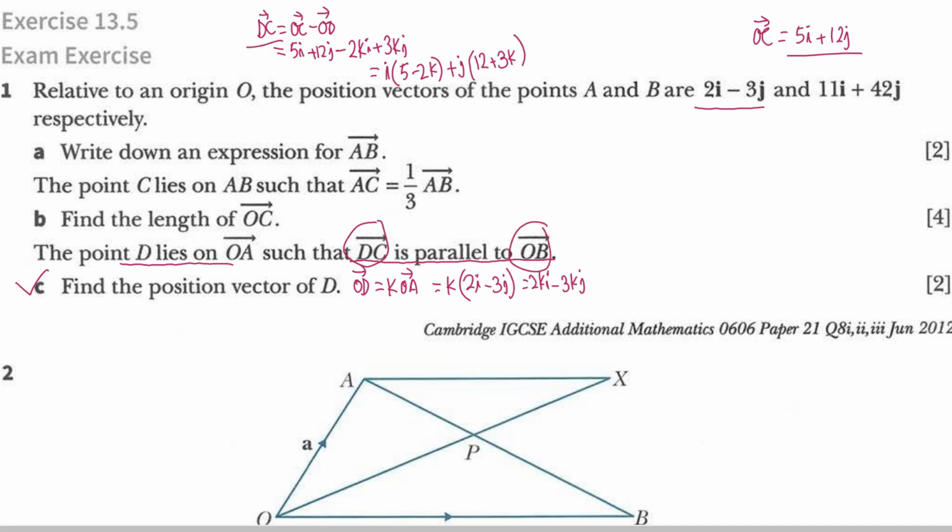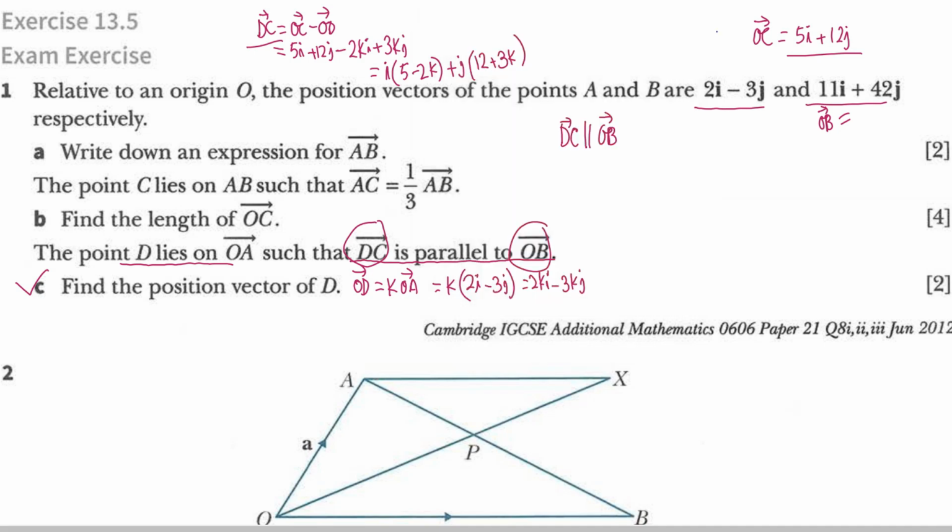We know the vector OB, which is 11i plus 42j. The main relation is that DC is parallel to OB. So the coefficient ratios are equal.